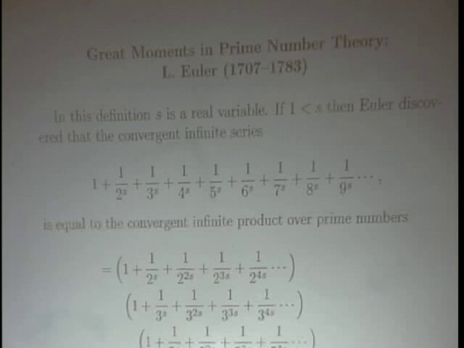And in order to make sure that that infinite series converges and so actually defines a function of s, it's necessary that s be greater than 1. It turns out that this very same function can be defined as a product over prime numbers. Well, it's a little more complicated than that. Here we have a product of more infinite series.